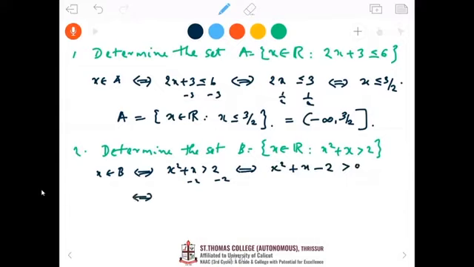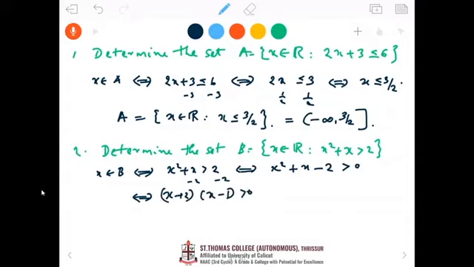And this implies and is implied by x square plus x minus 2 can be written as (x plus 2) into (x minus 1). This is greater than 0. So the product of two numbers is greater than 0, positive.